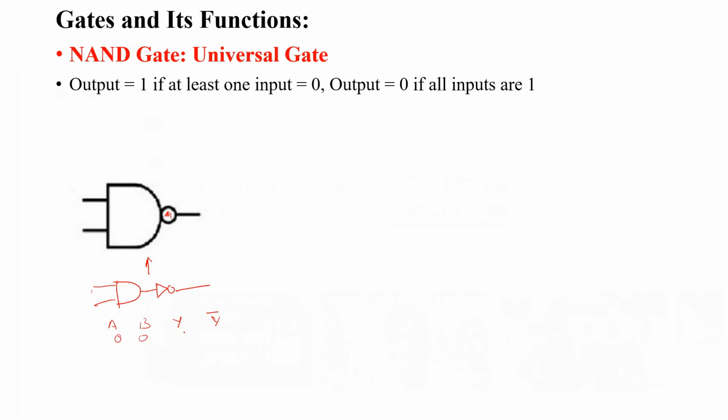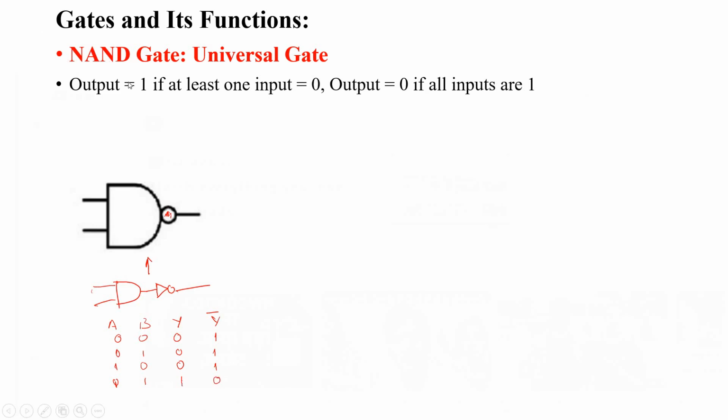When it is 0 0, the output of the AND gate is 0, so here you will be getting 1. When it is 0 1, the AND output is 0, you will be getting 1. When it is 1 0, the AND output is 0, you will be getting 1. When it is 1 1, the AND output is 1, and in this case the output is 0.